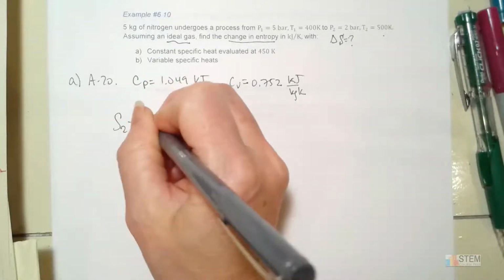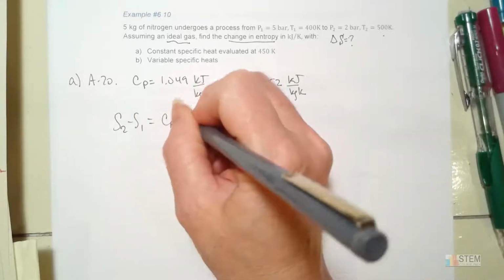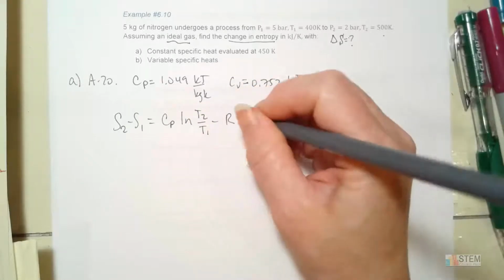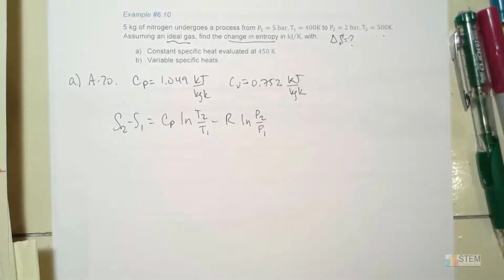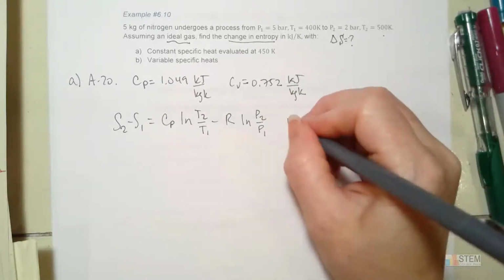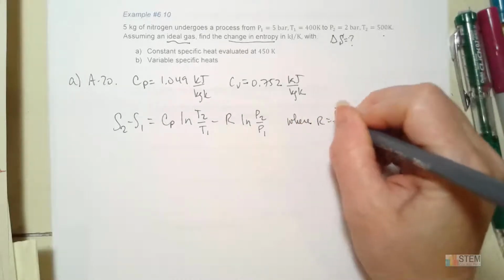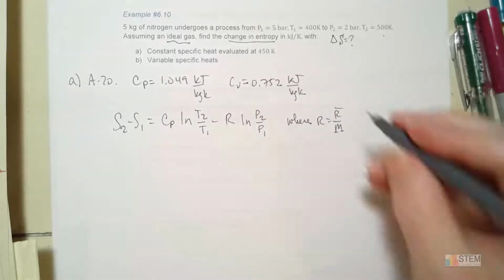So we have S2 minus S1 equals CP times natural log of T2 over T1 minus R times natural log of P2 over P1. And remember this R, you're going to have to find it. R is R bar over the molecular weight for your substance, which ours is nitrogen.